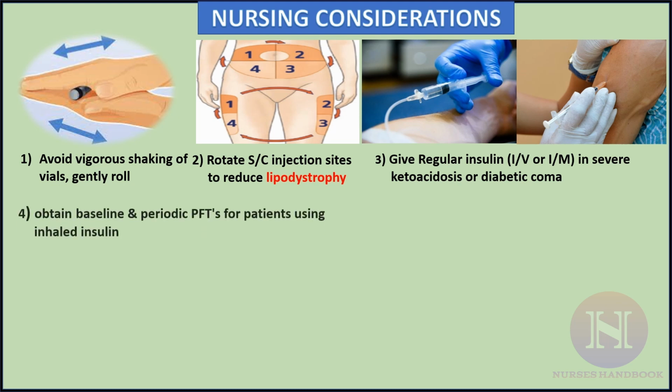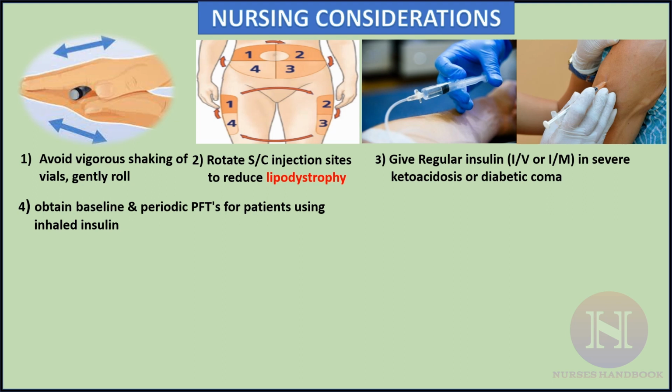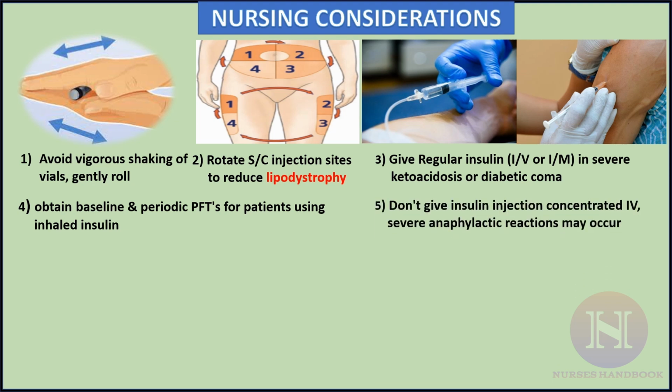Fourth responsibility is to obtain baseline PFT reports of the patient if they are using inhaled insulins. Fifth responsibility is never give concentrated insulins directly into the veins, as severe anaphylactic reactions may occur.